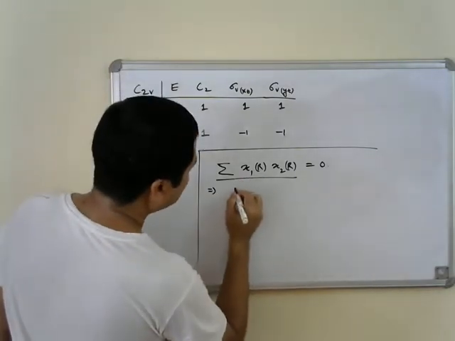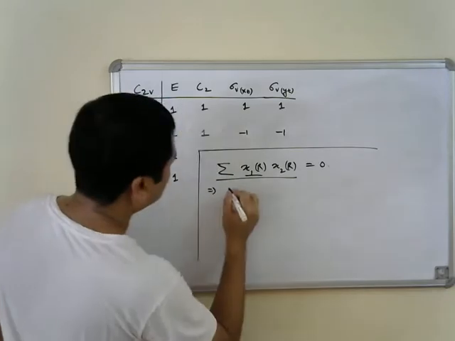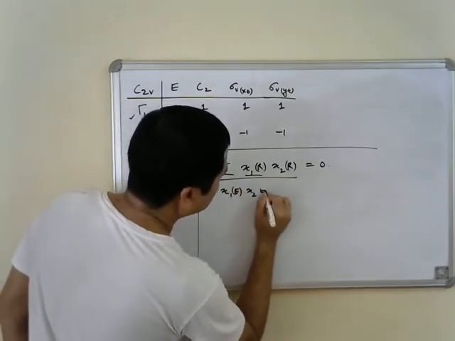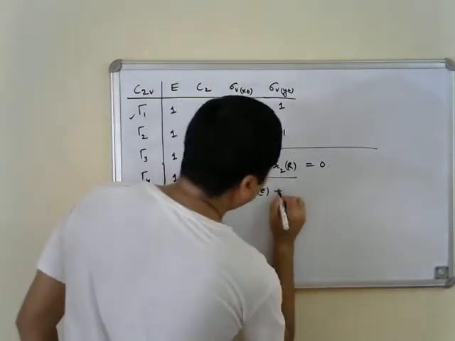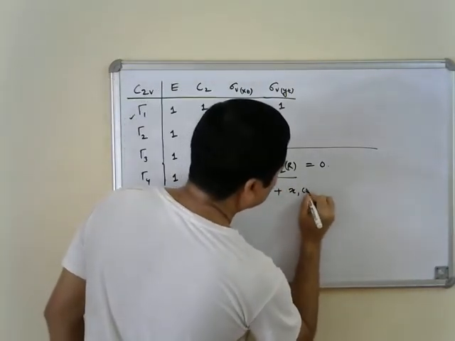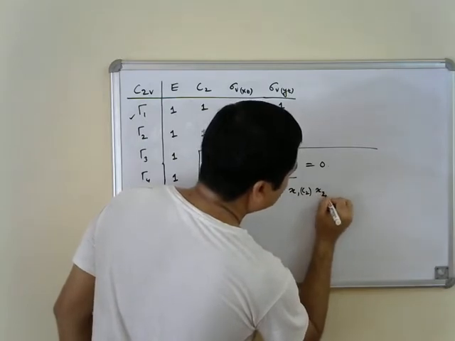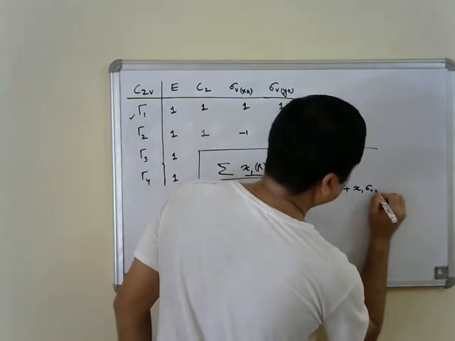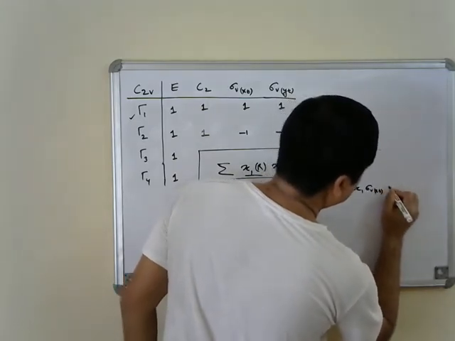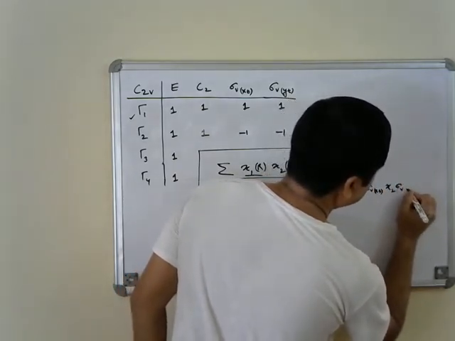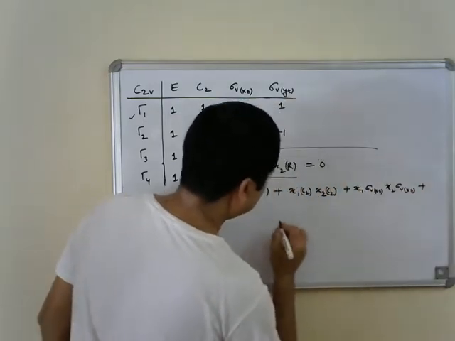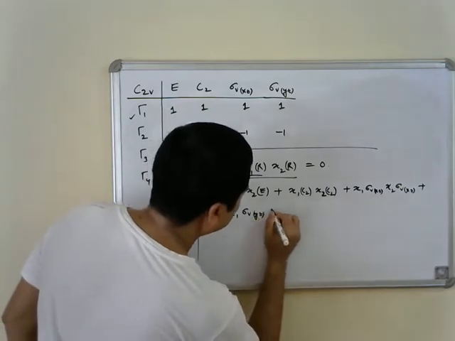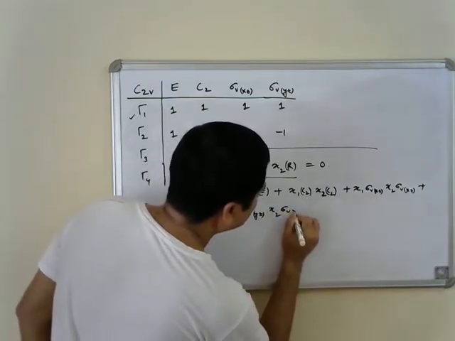So if we do so, that is chi 1 of R, chi 2 of R: chi 1 E chi 2 E, we will write plus chi 1 C2 chi 2 C2 plus chi 1 sigma v xz chi 2 sigma v xz plus chi 1 sigma v yz chi 2 sigma v yz.